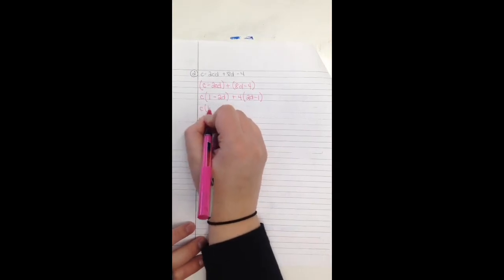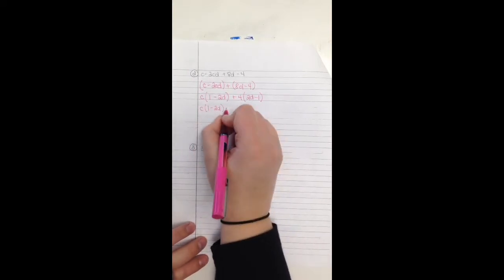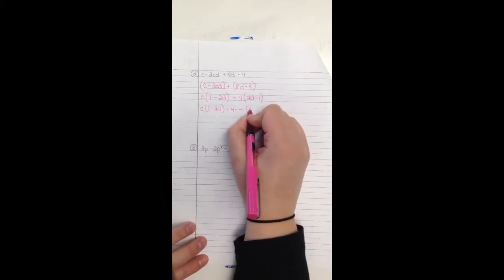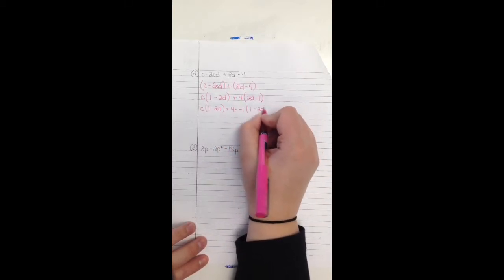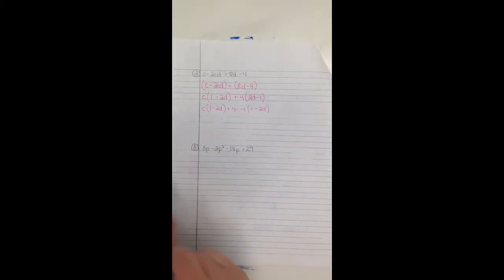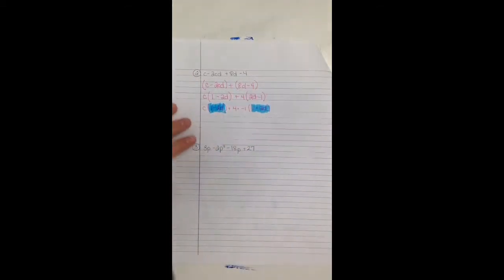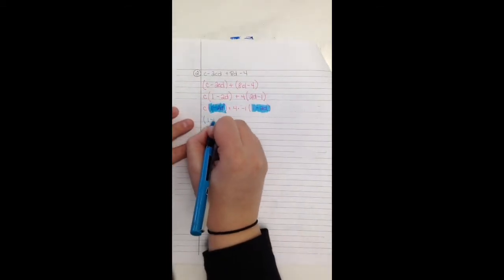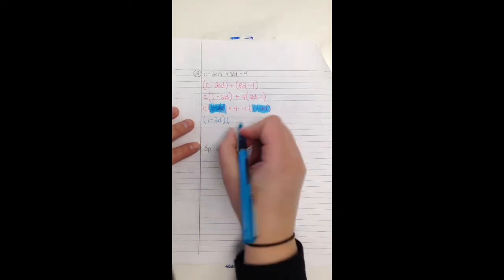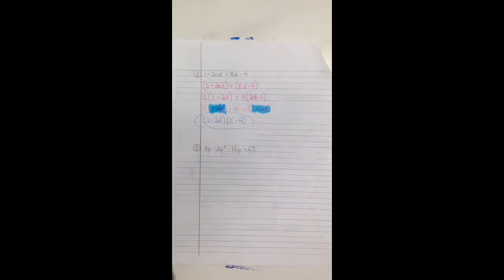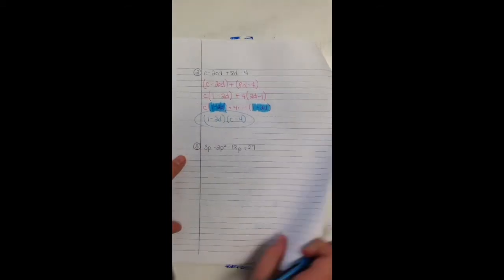So I have c times 1 minus 2d plus 4 times that negative 1, and then I can rewrite these as 1 minus 2d. These are the same. So I can factor them out. I get 1 minus 2d times what's left, c minus 4. And I'm finished.